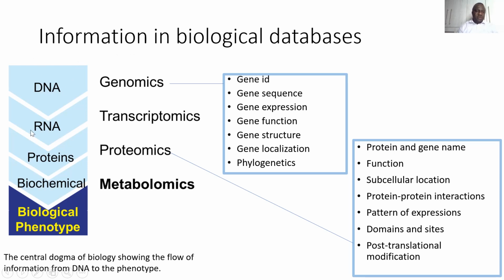I'll quickly remind you of the central dogma of molecular biology, where we know that the DNA or the gene is transcribed into the RNA, and the RNA is translated into proteins, and you have proteins that are involved in biochemical pathways. Of course, this eventually leads to the phenotype of the things that we observe in the lab.